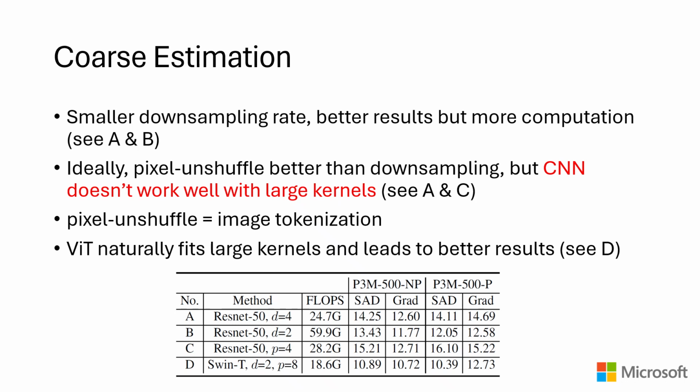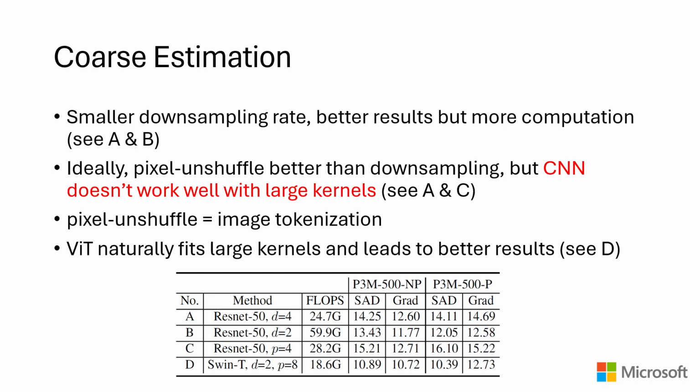Intuitively, if we do less aggressive downsampling, the coarse prediction will be more accurate, hence the final refined prediction. This can be verified by A and B in the table. When we use a downsampling rate of 2, the results are better than the model using a downsampling rate of 4.